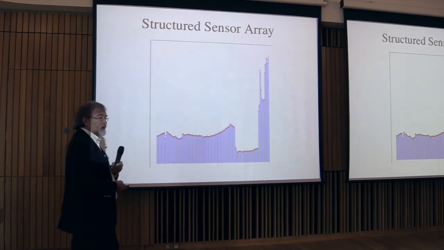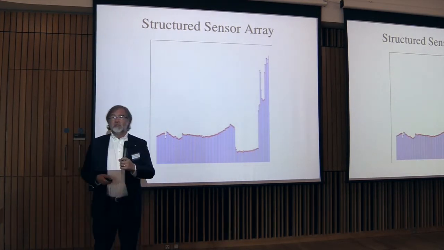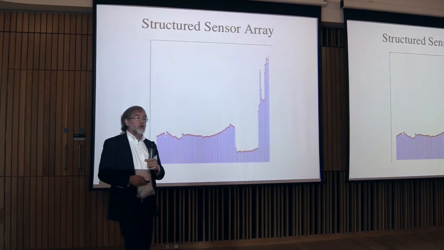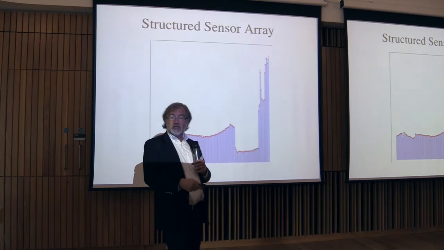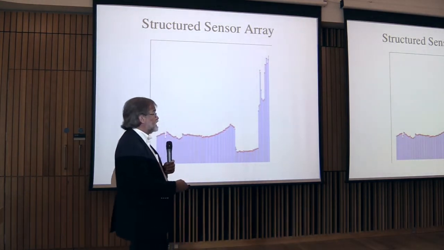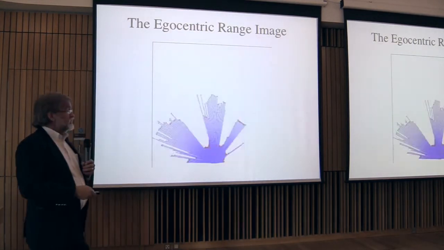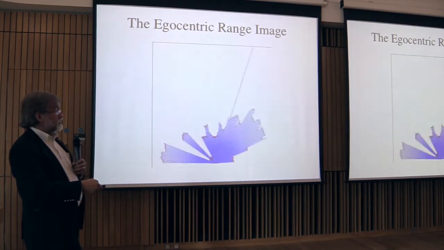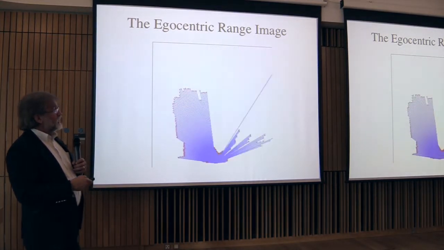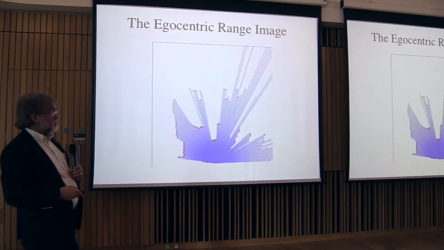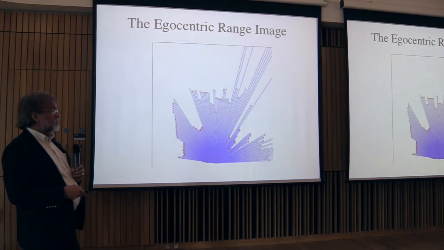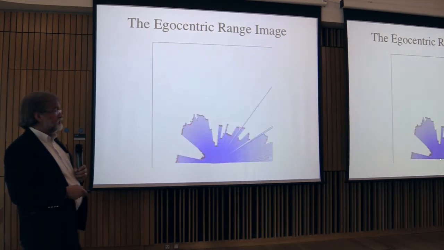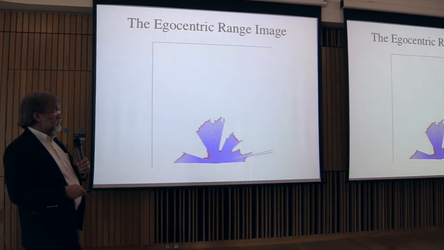Now, in fact, the method that recovers the structure of the sensor also places them in a 2D space. Again, I'll explain that, but it allows us to get this kind of view of the world, which we can actually recognize as an egocentric range image. The egocentric origin is right there, and its view of the world turns around the origin.